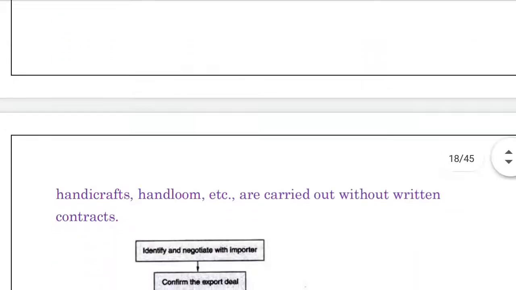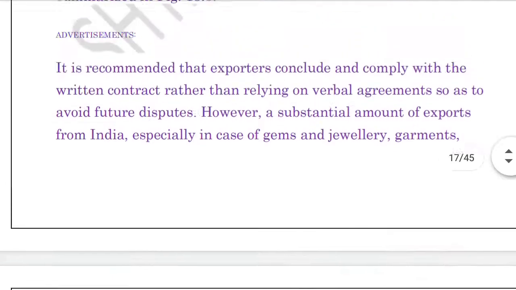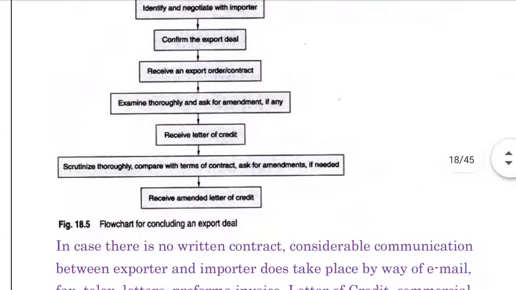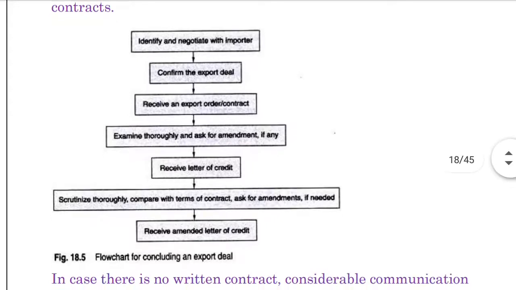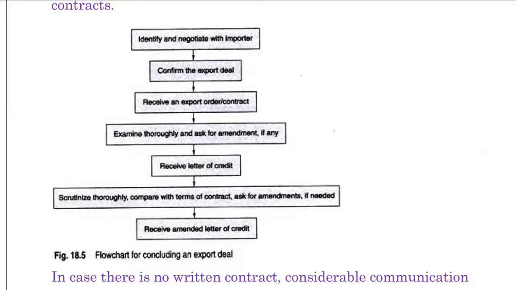There is a figure. So if we study the figure: identify and negotiate with the importer. We need to identify, and identify means that we should know the details of the importer, because at the international level we need to check and verify the details of the importer.